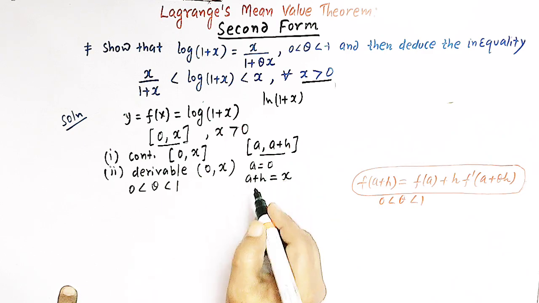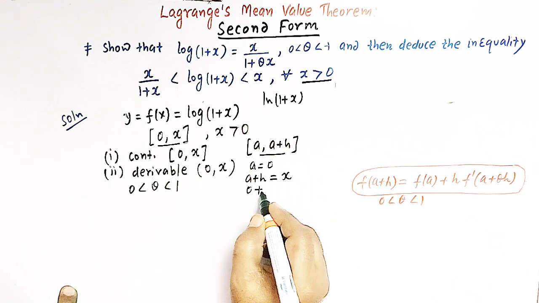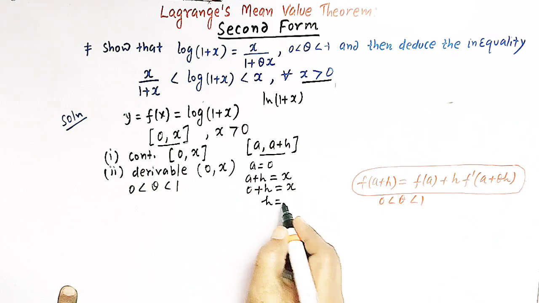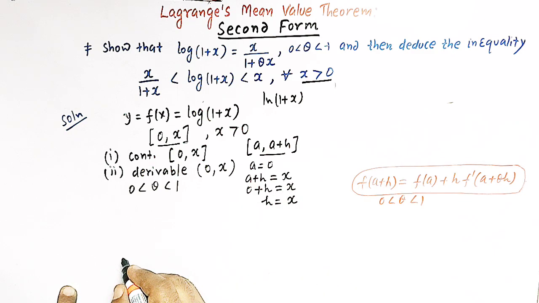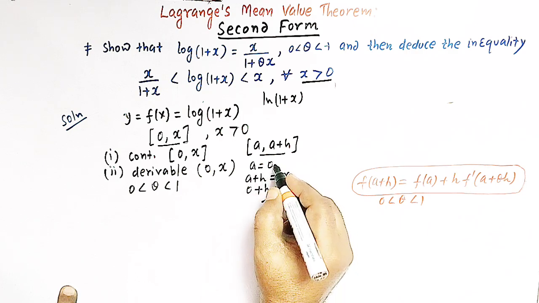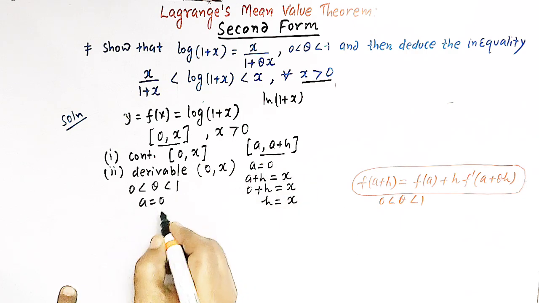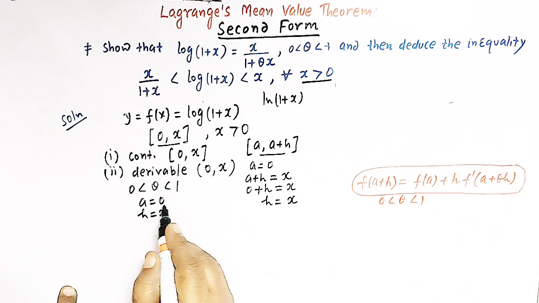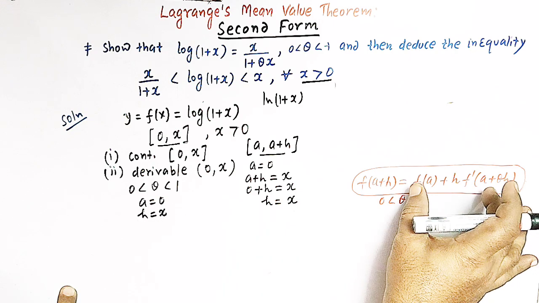So a is 0, so we have 0 plus h is equal to x, so h is equal to x, right? So we have a is equal to 0 and h is equal to x. So let us replace a is equal to 0 and h is equal to x in this equation.